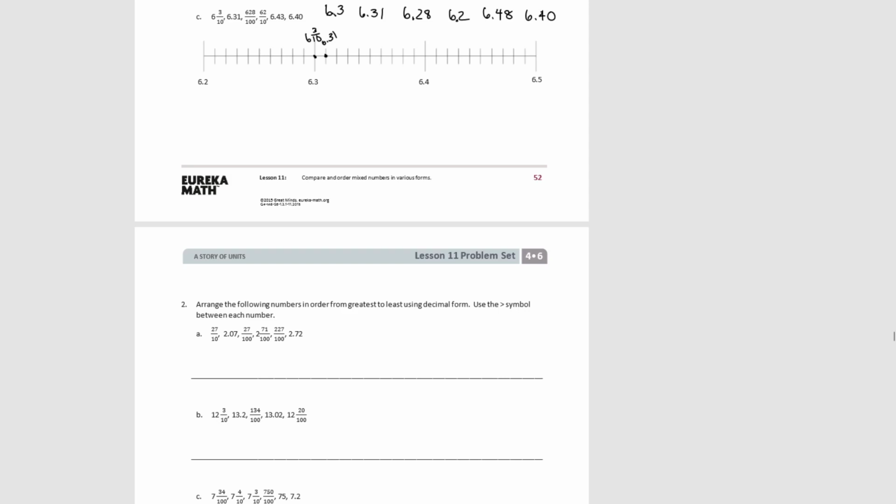Then 628 hundredths would be 6 and 28 hundredths, and I'm writing it in its original form. Then 62 tenths would be the same as 6 and 2 tenths. Then 6 and 48 hundredths, here's 40 hundredths, so 48 would be right here.